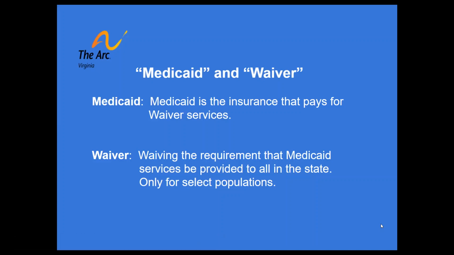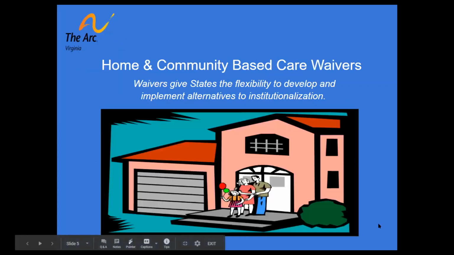Put together, a Medicaid waiver provides the insurance that pays for the services that are only available to a select defined population. When a person has a Medicaid waiver, they have Medicaid health insurance and they have access to the additional waiver services that only people with Medicaid waivers may use.